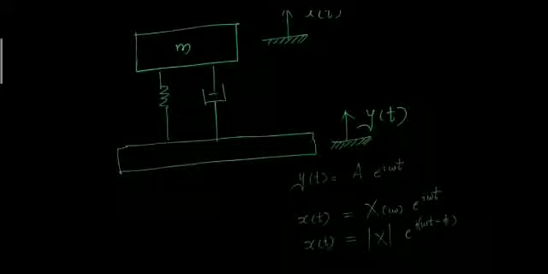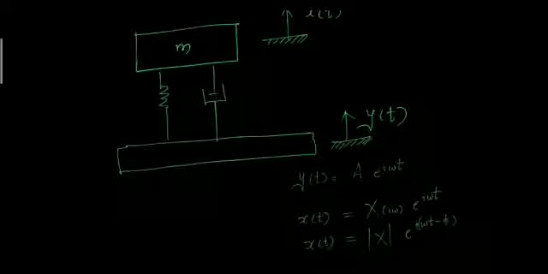So I'm assuming that my base is moving harmonically with an amplitude of capital A and with a frequency of omega. And I'm assuming that this particular mechanical system which is sitting on top of the base has a natural frequency of omega n. Having said all these things, now this is the excitation for this particular system. Now the response can be written like this.